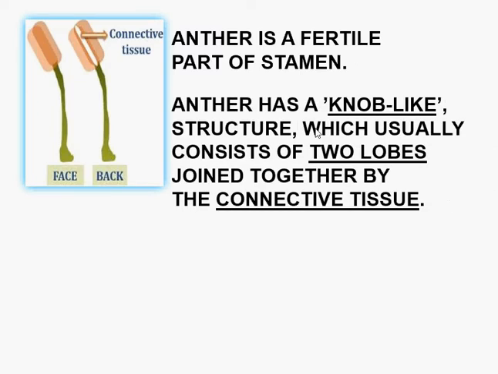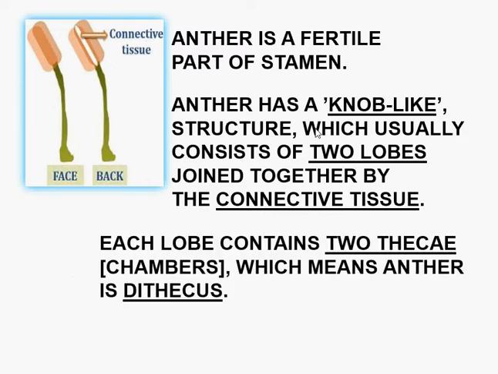Anther has a knob-like structure which usually consists of two lobes joined together by the connective tissue. Each lobe contains two thecae, which means anther is dithecous. Here thecae means chambers.